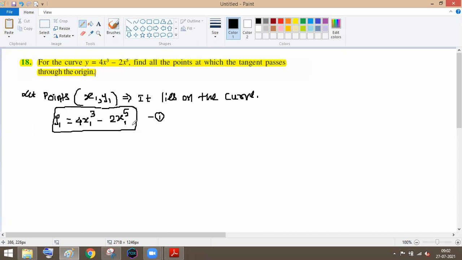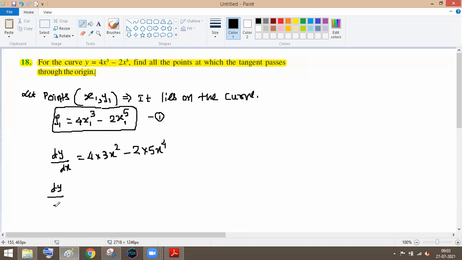Now one more important thing, what we have to calculate now? After getting the point, we have to calculate dy by dx for the equation of the tangent. So if I calculate dy by dx from here, we'll get dy by dx equal to 4 into 3x square minus 2 into 5x to the power 4.